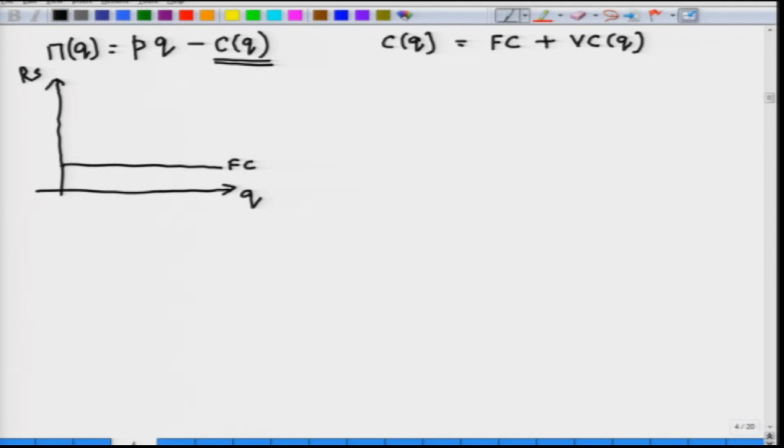A general variable cost curve: given particular functional forms of the variable cost curve, we will be able to draw them exactly, but a typical variable cost curve looks somewhat like this. So, taken together, the fixed cost and the variable cost curve will then imply that the total cost curve looks something like this.